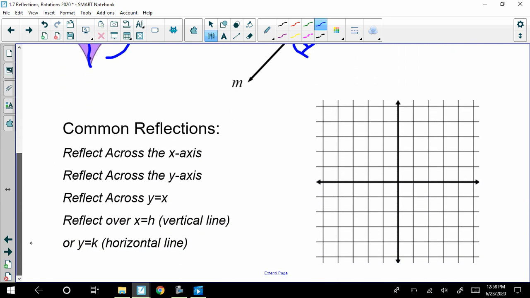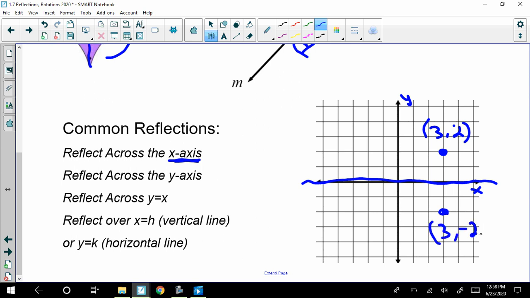So common reflections are reflecting across the x-axis. We have our x and y, our x-axis right here. What happens if we reflect over the x-axis? If I have the point 3, 2 and I reflect it over the x-axis, I come down here to the point 3, negative 2.